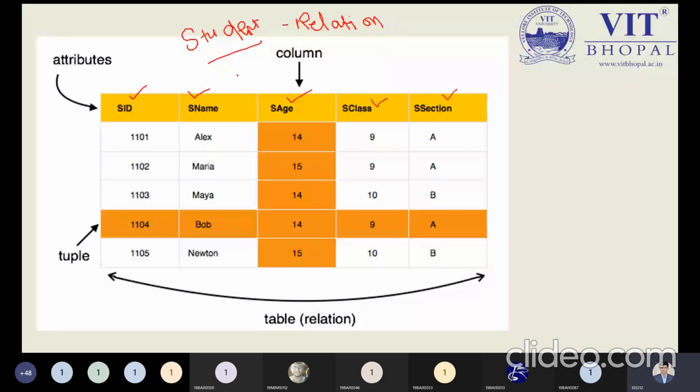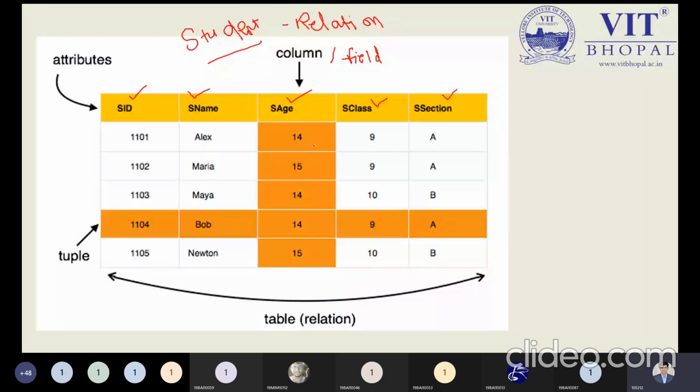I am giving multiple names over here for advancement. You can see 1001, Alex, 4, 9, A. This is a record. The sid column contains the values 14, 15, 14, 15, and so on.